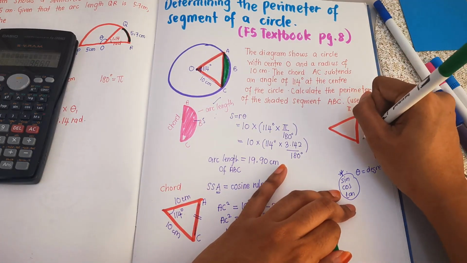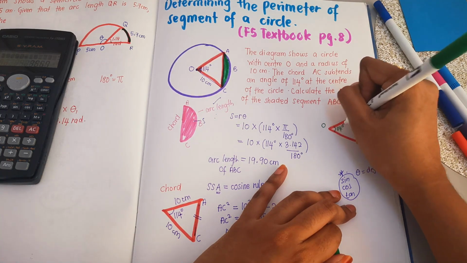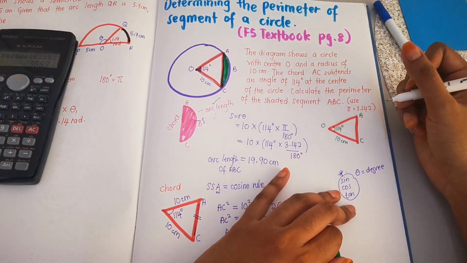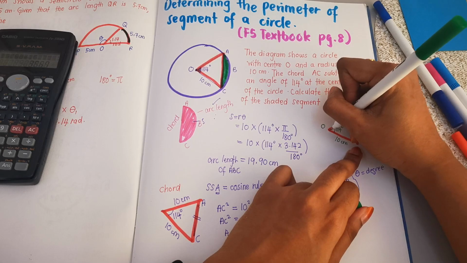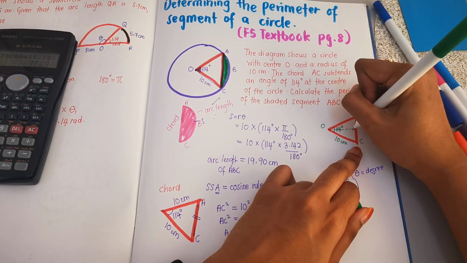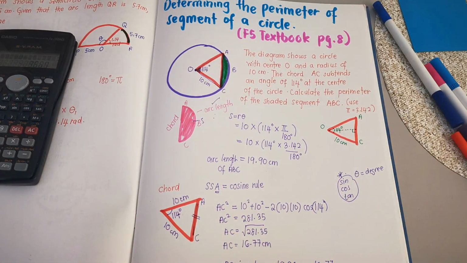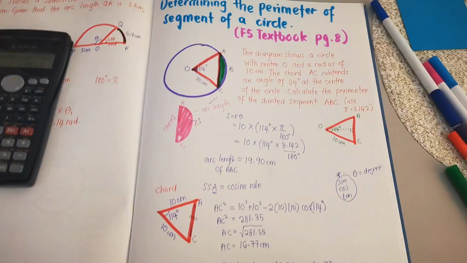This is O, this angle is 114, and here is 10. What you can do is divide the triangle into half, so here you will get a right angle triangle.